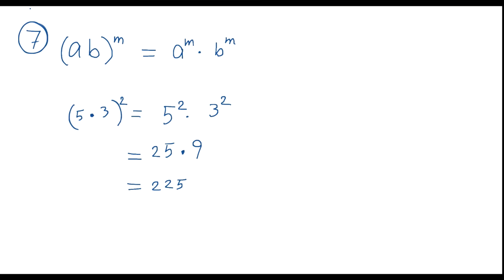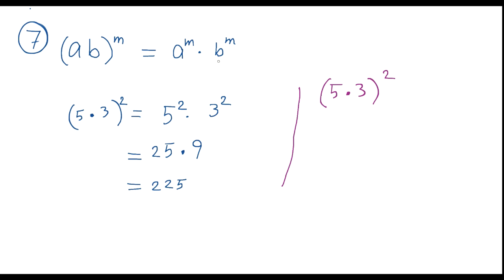Now let's do it in another way so that we can make sure this property is working well. 5 multiplied by 3, and whole thing is squared. Let's do the multiplication inside. If we have numbers inside, we can just do the calculation, but if we have letters, we cannot do the multiplications, we cannot do the operation.